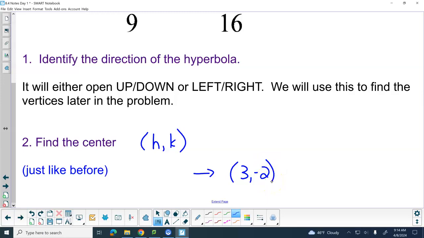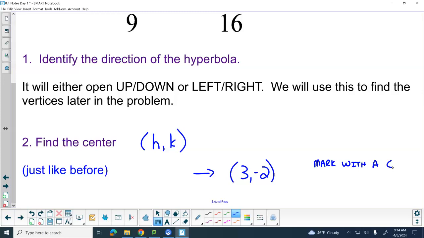So we are going to mark that on your graph with a C. We're not going to put in a dot because it's technically not on the hyperbola, but the center is the first thing that we have to do to find it.